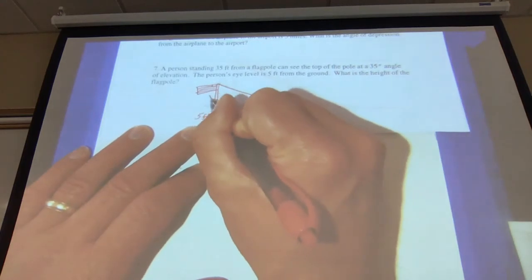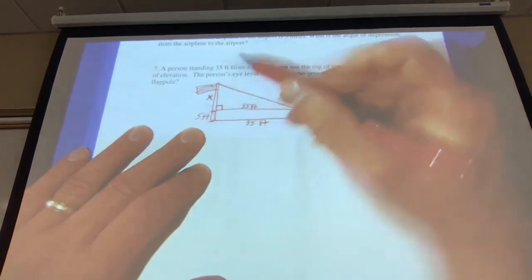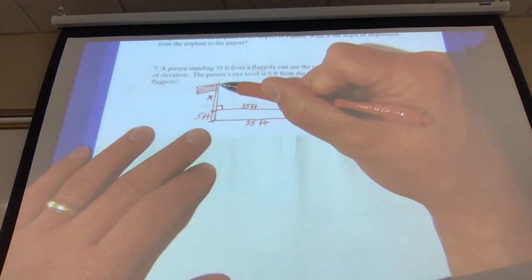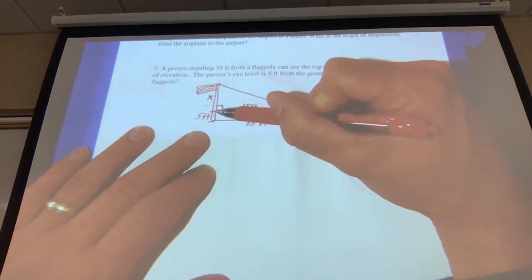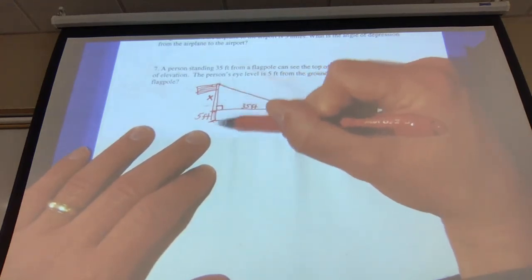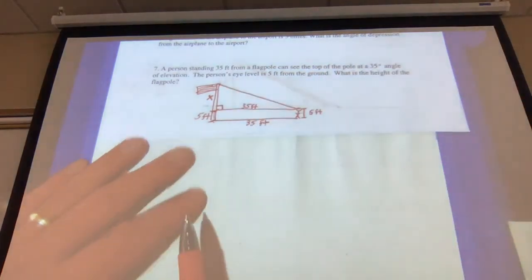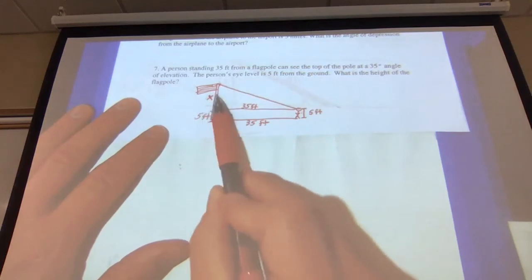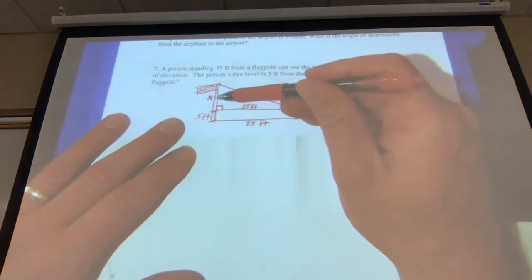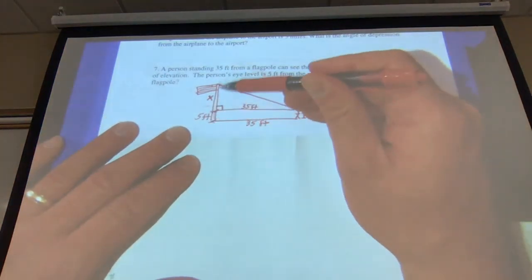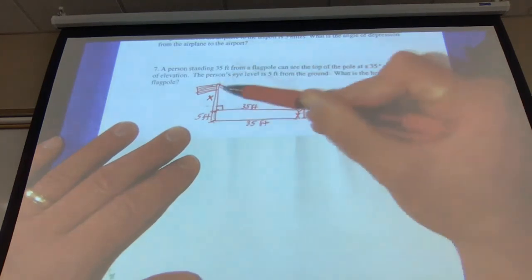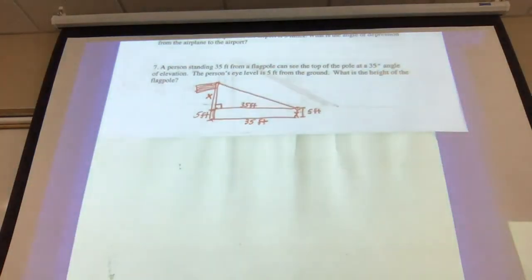So when we go to find the length of the flagpole, this X right here is going to represent from the top of the flagpole 5 feet above the ground. This is not the entire length of the flagpole, it's just from the top to 5 feet above the ground. So when we actually do find X, our answer, we're going to have to add 5 feet to it to get the length of the entire flagpole, because that X is not your entire flagpole.